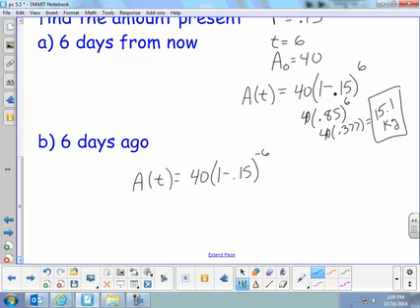So, again, I'm going to follow my order of operations. 0.85 raised to the negative 6 is like 2.65, and then I'm going to multiply that by 40. And I get 106. Again, I'm going to round it to the nearest tenth, 0.1 kilograms.